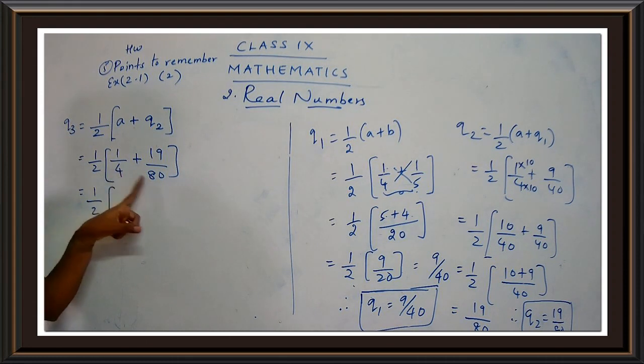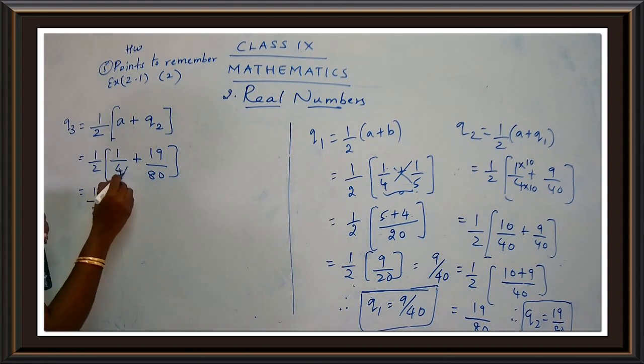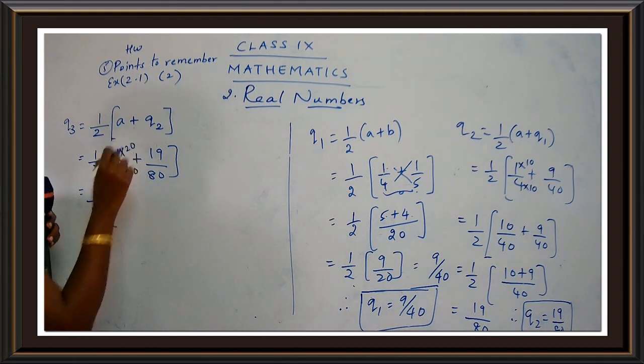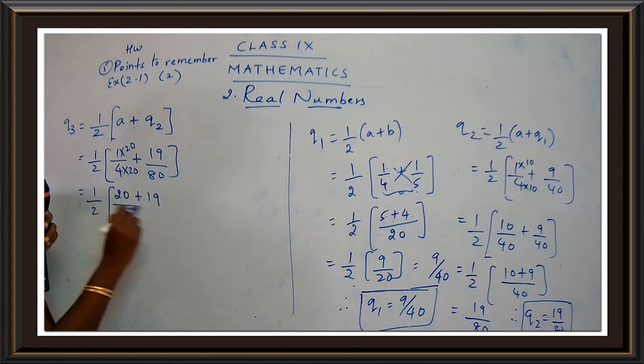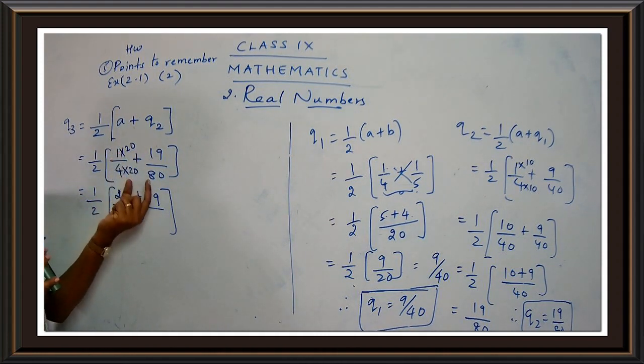Yes, 4 2s are 8. So there's a relation. But here you have 80. That means you are going to multiply here by 20. If you multiply by 20 in the denominator, the same thing should be carried in the numerator also. So what do you have here? 20 plus 19 upon 80. I have done it directly, children, because we have the same denominator.